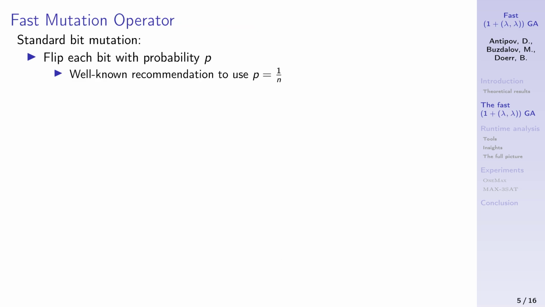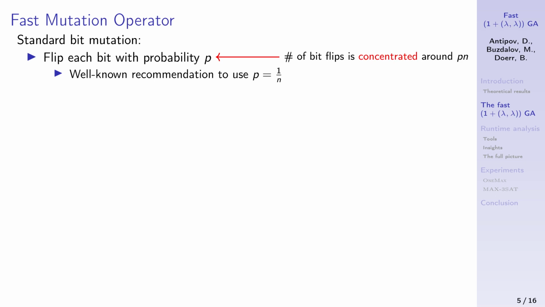To answer this question, we decided to consider the fast mutation operator. What's its difference from the standard bit mutation? The standard bit mutation just flips every bit with some fixed probability p. And there is a well-known recommendation to use p = 1/n.